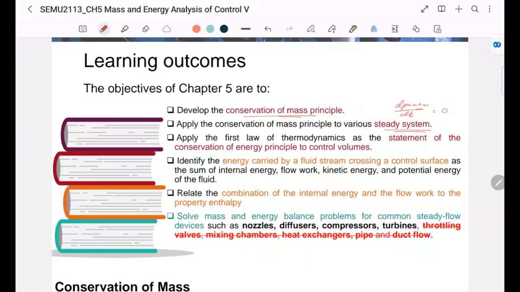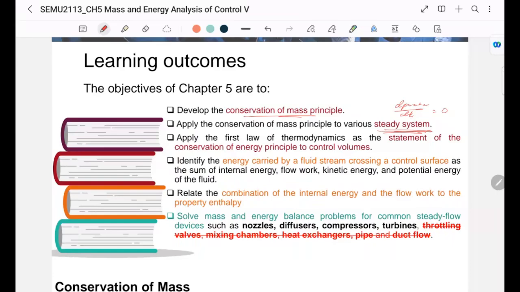Everything becomes stable. It doesn't change over time at all. This is very important because if it's still changing over time, then we're talking about transient system. The analysis will be completely different. So we only look at steady system, which means time is not a function for us. We don't look at the system that changes over time.